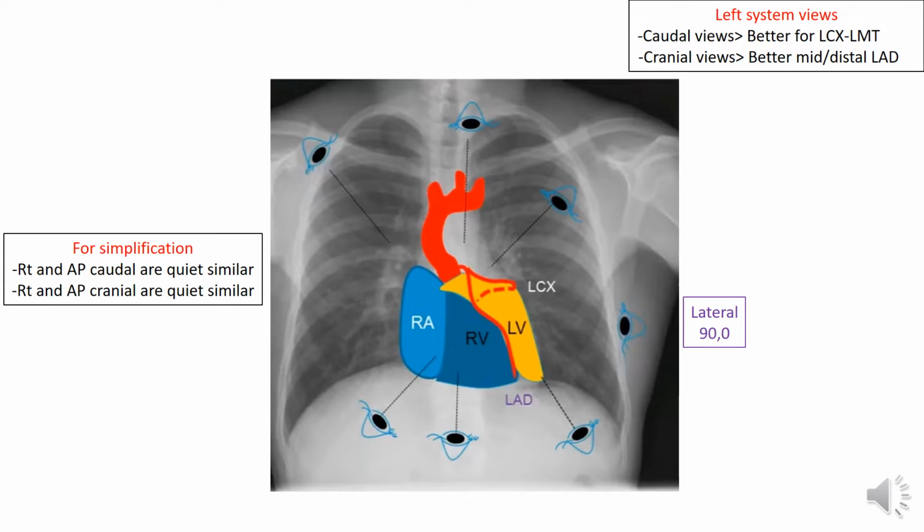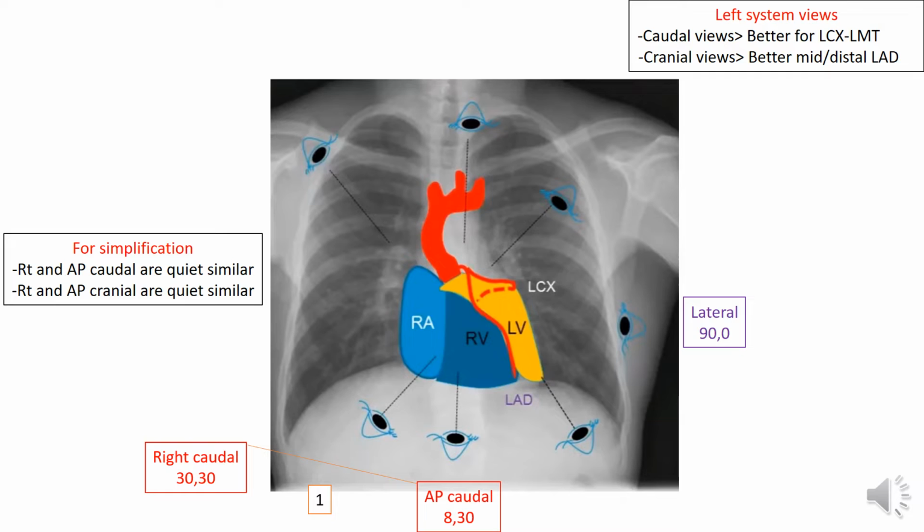So this picture gives us an insight about the different angiographic views. We have at first the right caudal and the spider view. We are looking at the heart from the leg of the patient, and these views are aligned with the horizontal plane of the AV groove.